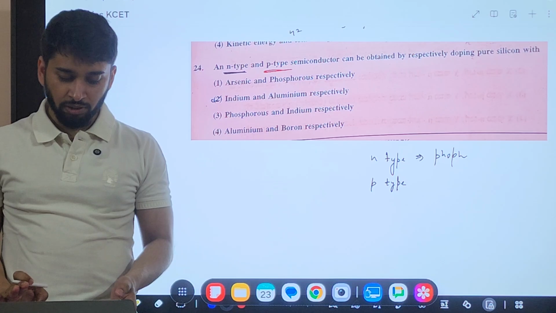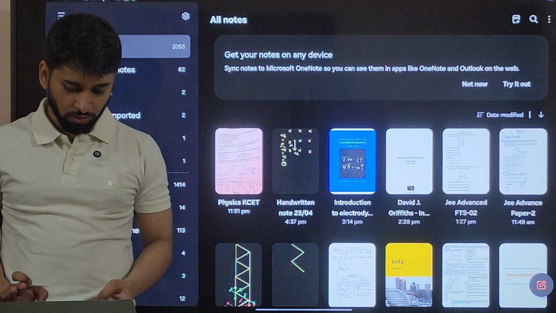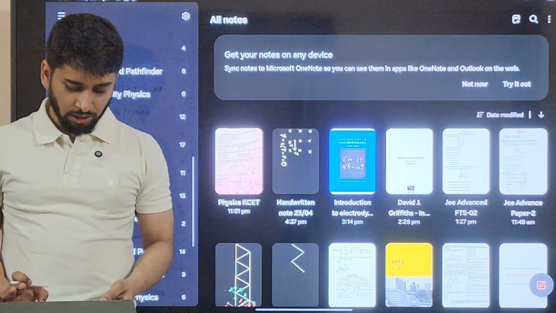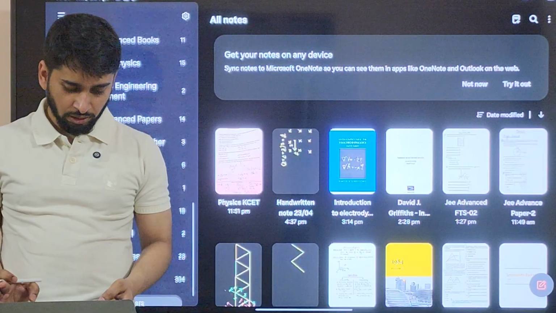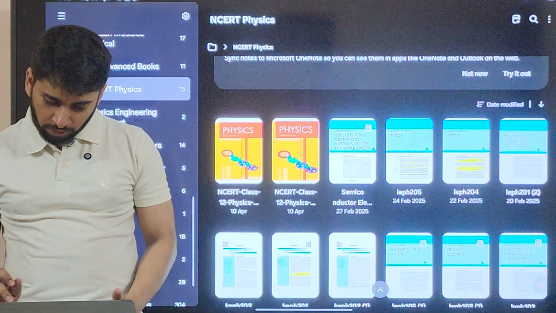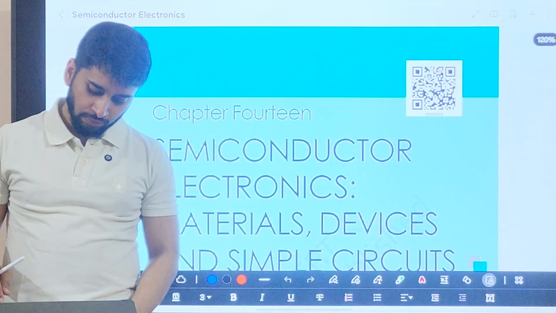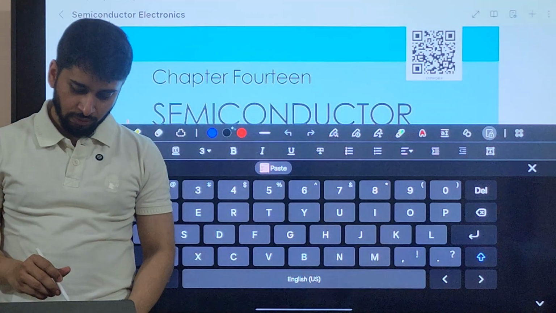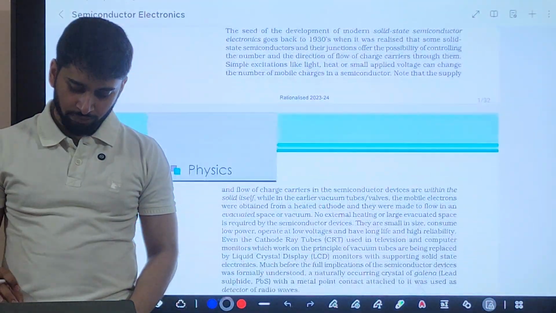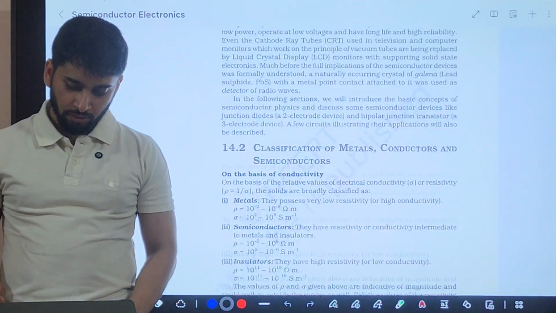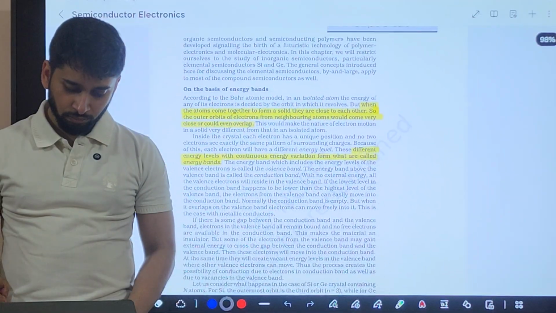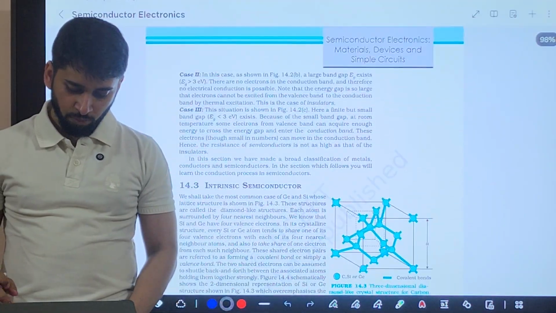You have to just check it out a little bit. NCERT physics, semiconductor. See here. For N type, what do we use?